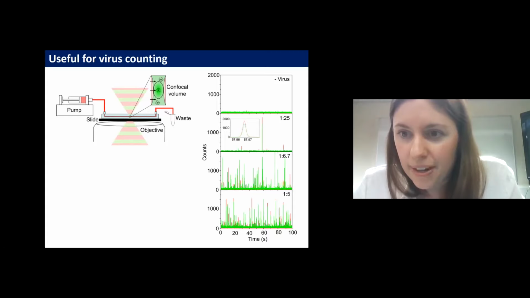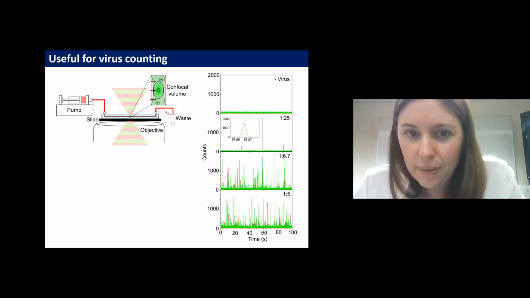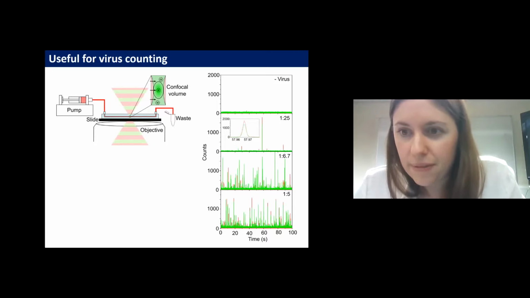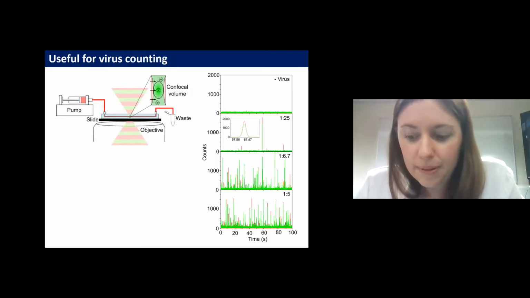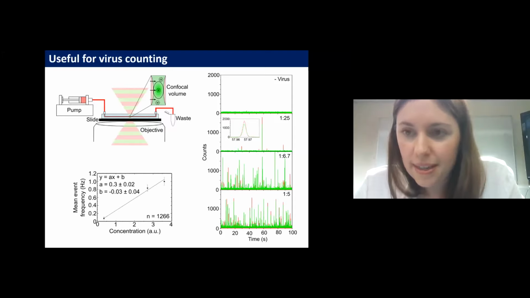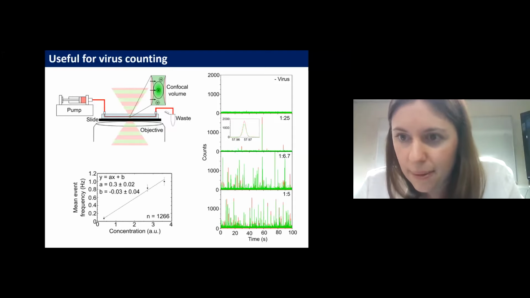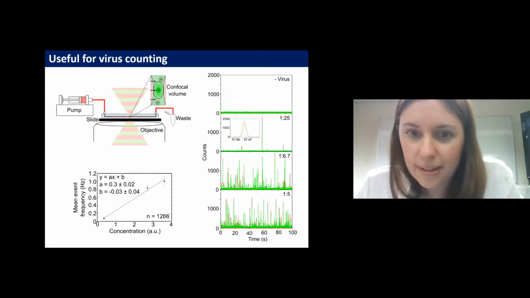So every time a virus passes through the confocal volume, we get a burst of fluorescence in both the red and the green channel because the viruses were dual labeled. And we can use this as a really neat way to quickly quantify how many viruses you have in a sample.